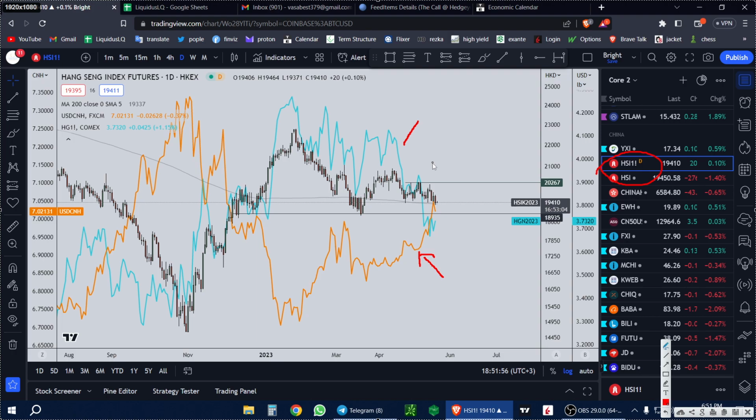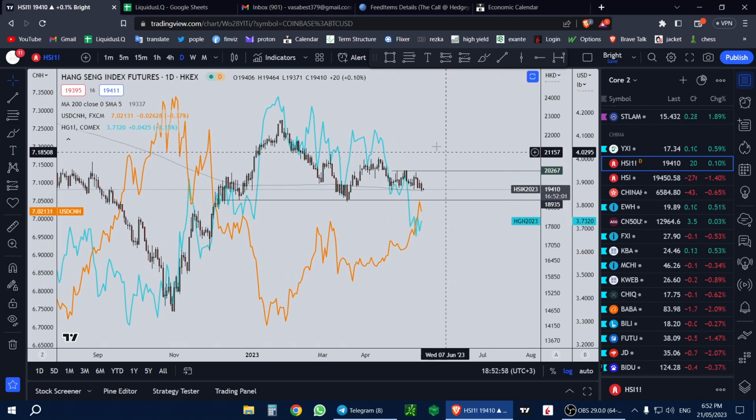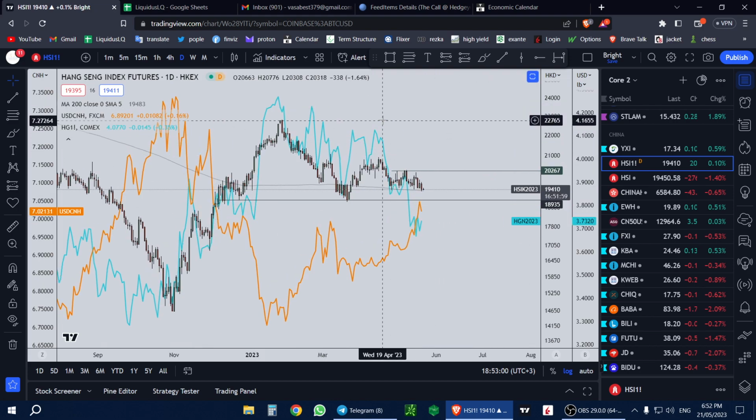HSI hasn't repriced lower to the same extent that copper prices and the CNH repriced lower, but it's still pointing to the bearish side. It's bearish trend, bearish trade, and we might get an expansion. We might not.